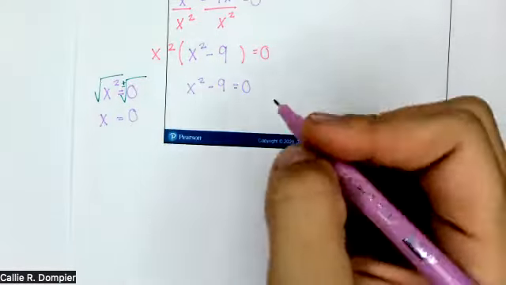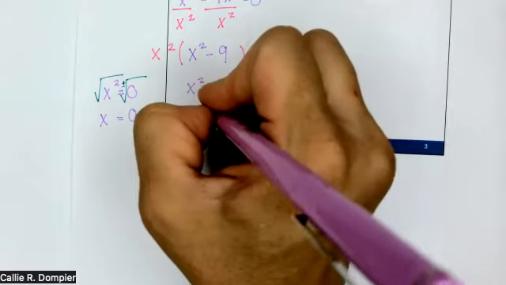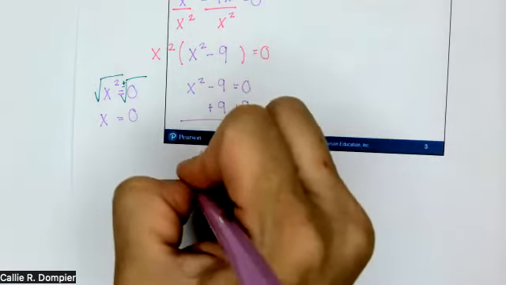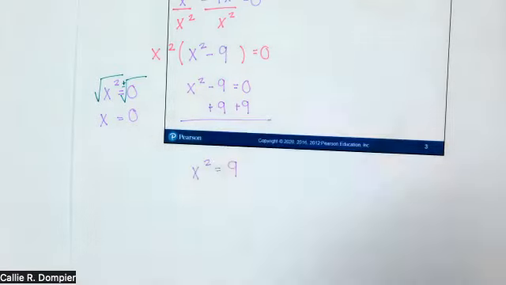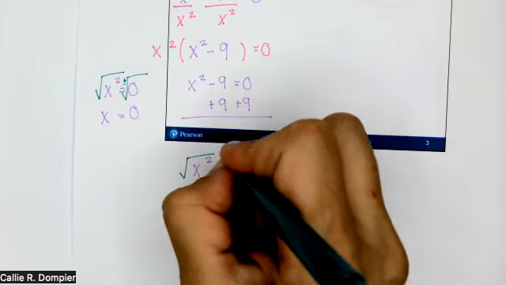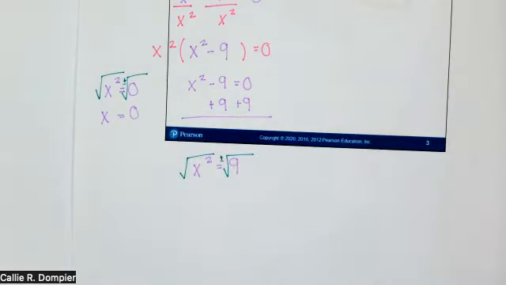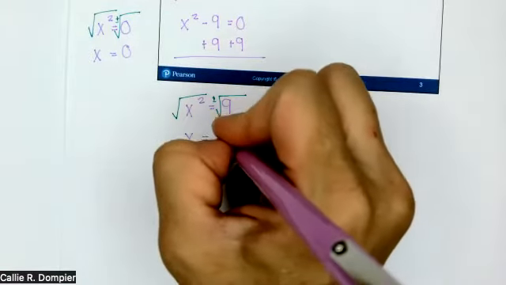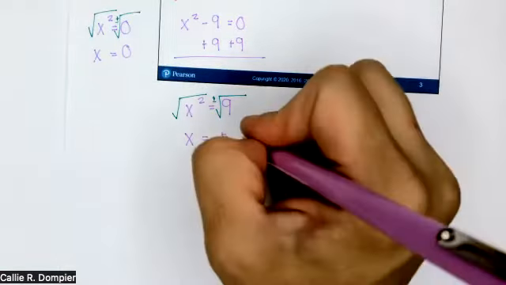X squared minus 9 equals 0. So I'll add 9 to both sides to solve for x. X squared equals 9. Good. Now same thing. I never leave out the plus and the minus. X squared becomes x. We have plus or minus. So the square root of 9 is 3, right?